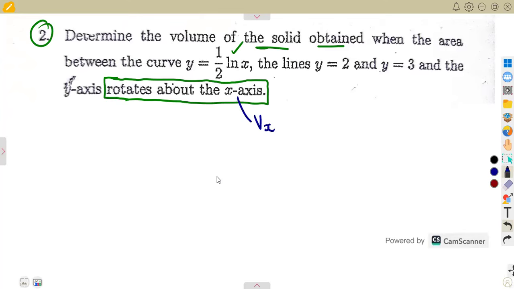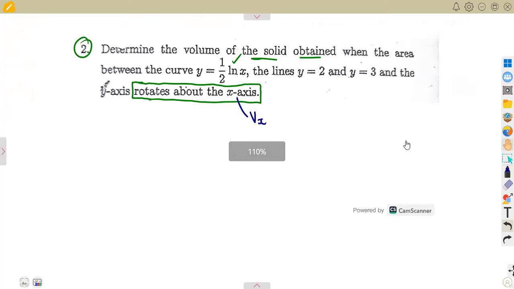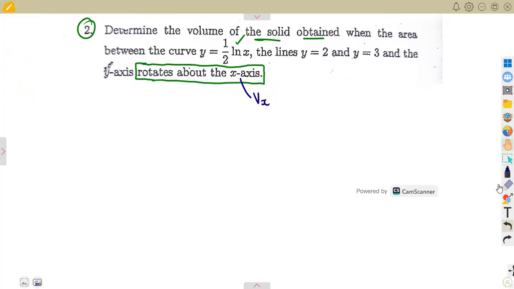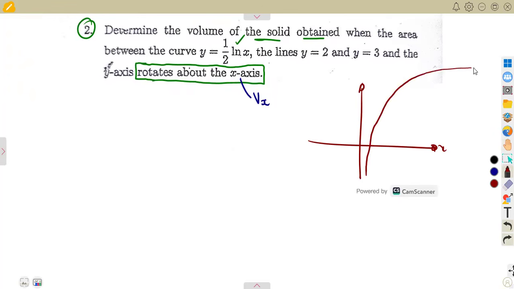Let's have the diagram first and see what we have from the diagram in terms of the strip and all those things. So here we are given the graph of a ln. A ln is a log. Remember, the normal presentation of a log or a ln x is something like this. We do not have a ln of 0, so it is an asymptote. So it starts from these points, increasing as x values are increasing, y will be increasing sharply.